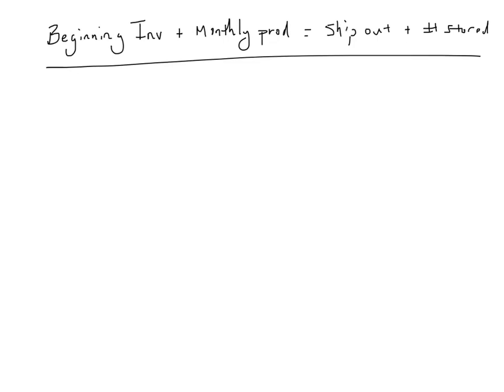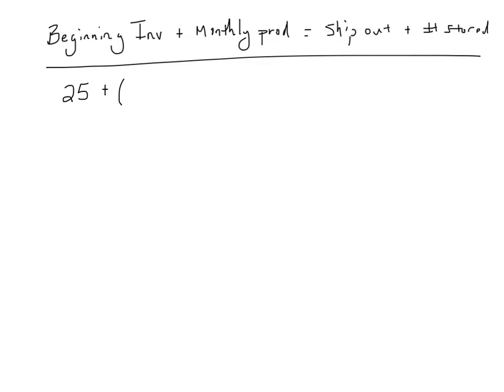So let's go ahead and do July motorhomes. The nice thing about July is we actually had some beginning inventory. We had 25 of them. So if you go back and look at the word description of the problem, we had 25 for beginning inventory. How much do I produce in July? Well, that's one of the things I'm trying to figure out, right?